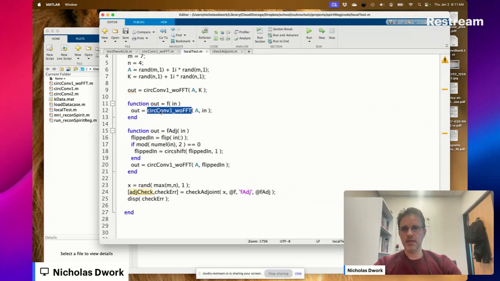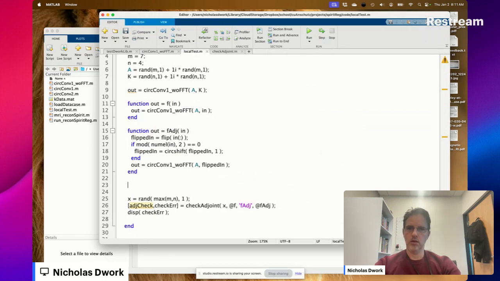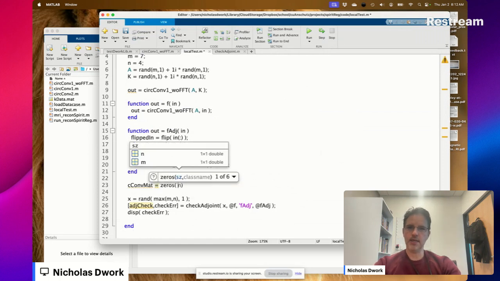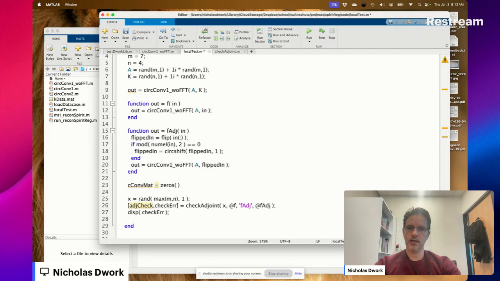I am going to look at this matrix. The circular convolution matrix is going to be of size max mn by max mn.